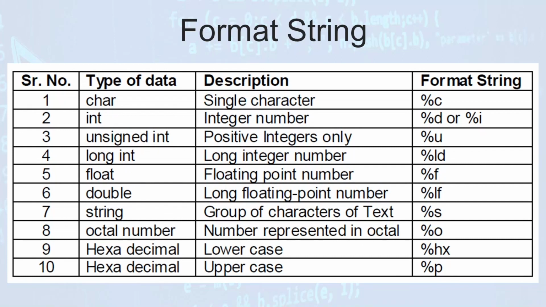If your data type is integer, it represents round integer number. It has certain range that we are going to discuss later on, but the format string will be %d or %i. Similarly, we have other data types and their format strings. So depending on data type, you have to use appropriate format string. Right now that you have to remember.